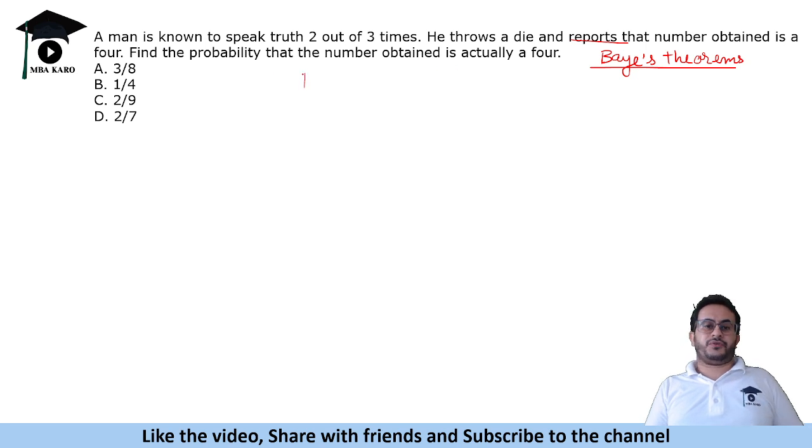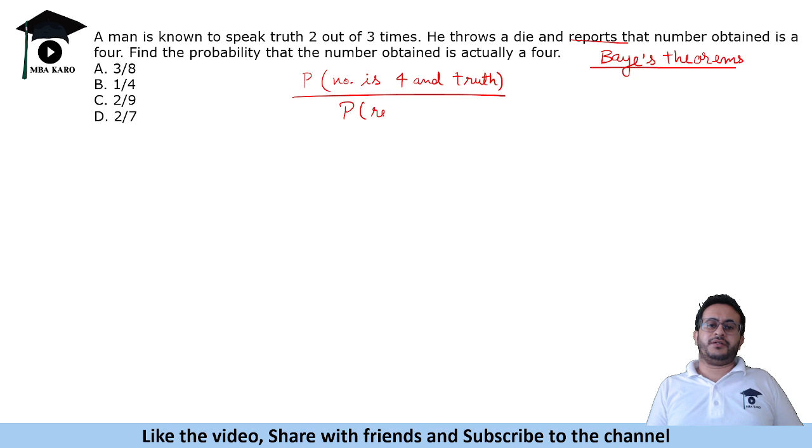So we need to find P, number is 4, and he is speaking the truth, upon the probability that he reports a 4. This has already happened. He has reported a 4. So we need to find the number is 4 and he is speaking the truth.